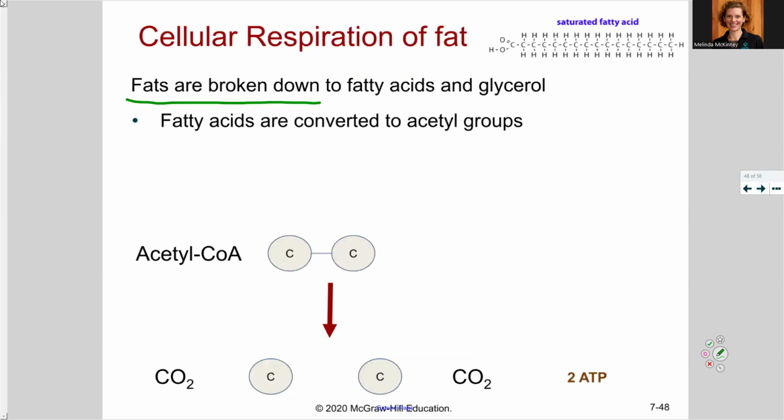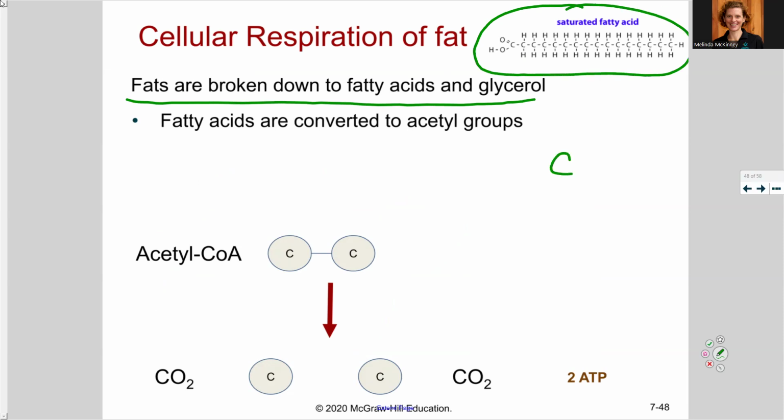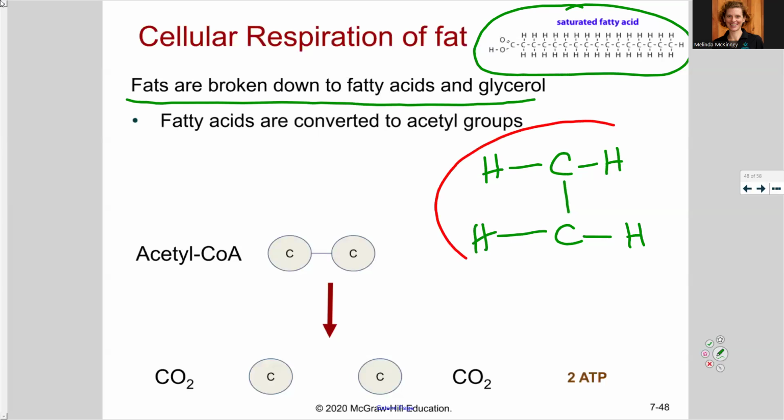Fats have these huge hydrocarbon chains. They've got tons of carbon hydrogen bonds, right? Just tons of them. So it turns out that, for every 2 of these, it can break this up into here's 2 and here's 2 and here's 2.